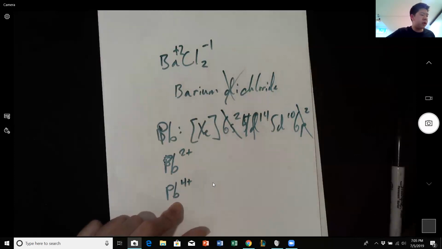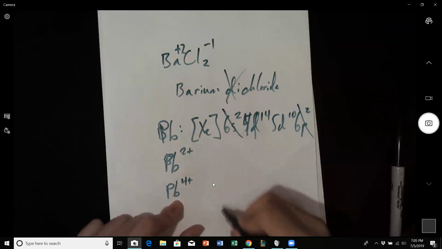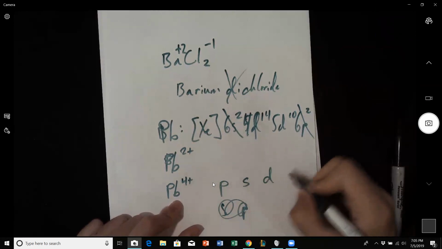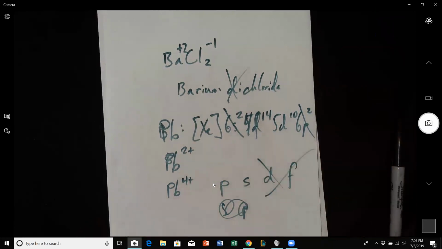So we remove p, then s, then d, then f. So p before s, before d, before f. But usually you won't have to worry about those two. Does that make sense? Great. I wouldn't worry too much about the f electrons for now.